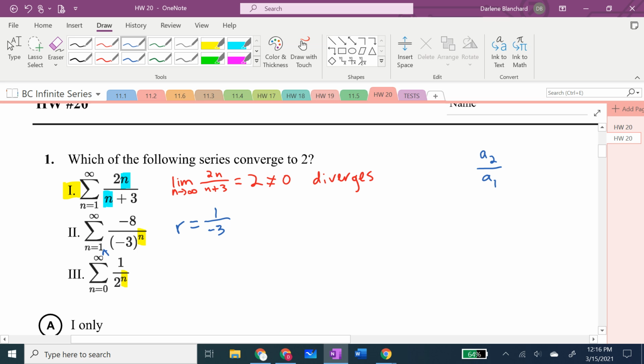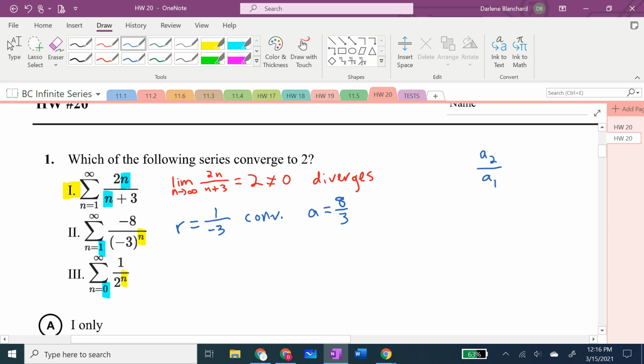So for number 2, it is converging, but the question is, does it converge to 2? In order to determine that, I need my first term. Always be very, very careful with geometric series because sometimes it starts at 1 and sometimes it starts at 0. That's really where people make their mistake. If I plug 1 in, I find that my first term is a positive 8/3.